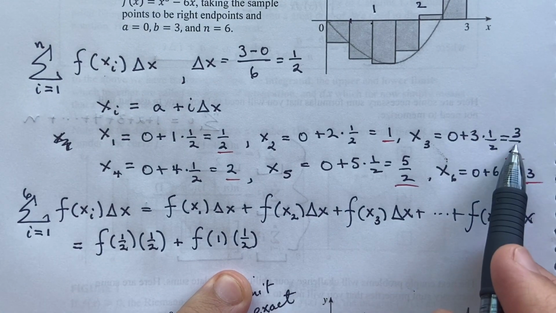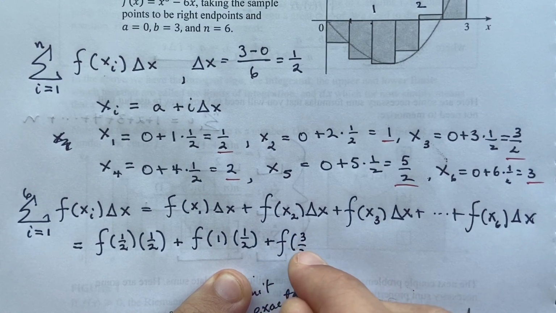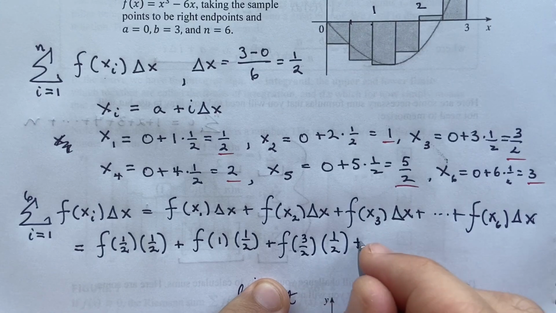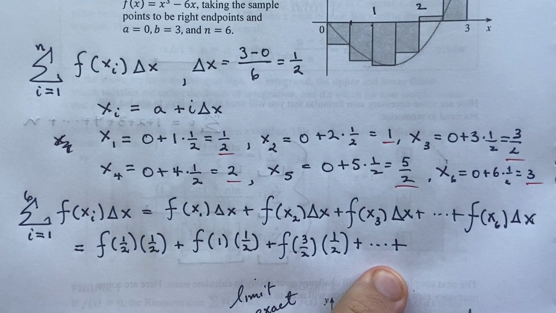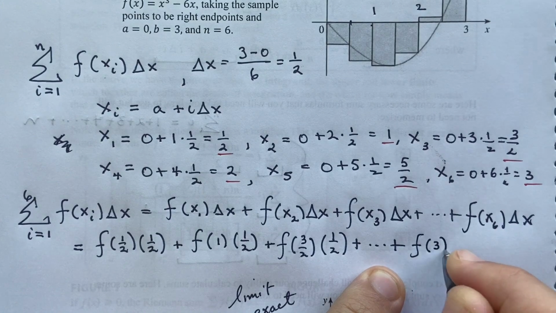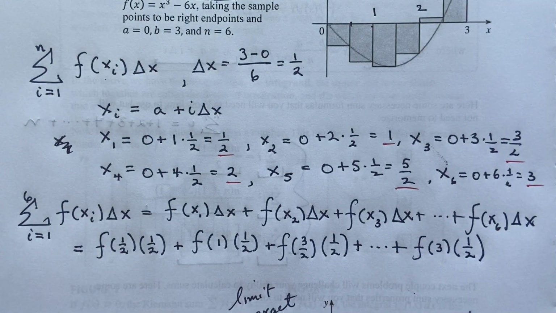X sub 3 is 3 halves, so I'd have plus f of 3 halves times 1/2. Plus dot dot dot all the way up to the 6. I'm just writing it this way because I'm running out of room. So I'd have f of 3 times 1/2. Okay?